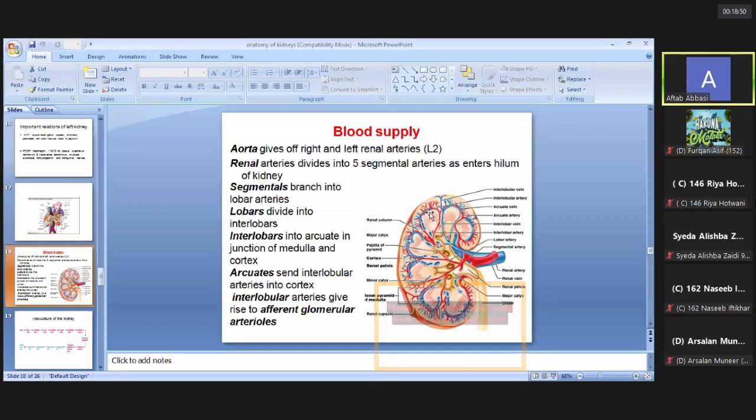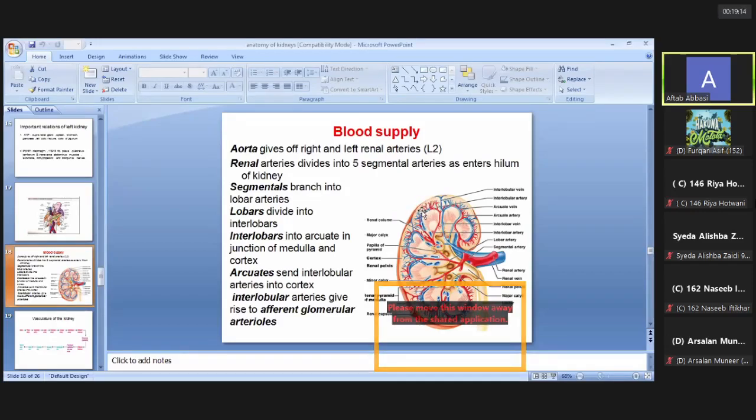Then these arteries form an arch at the junction of the medulla and the cortex, at the level of the base of the renal pyramid, known as the arcuate artery. From the arcuate arteries, multiple interlobular arteries arise which run into the cortical region.